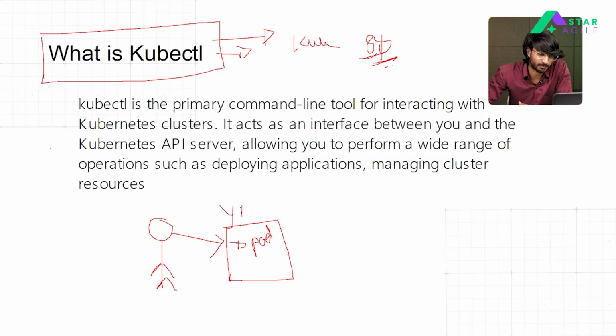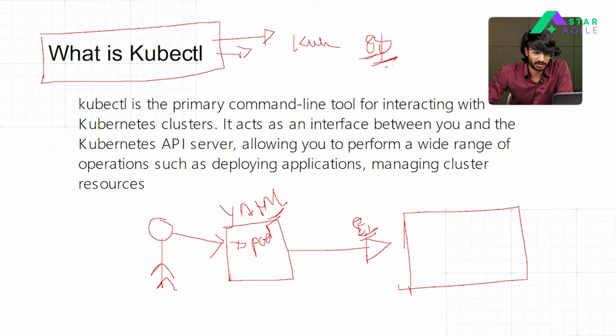It is written in YAML language. After this, you need to implement or execute this particular file inside your Kubernetes cluster. You need to send this file inside Kubernetes cluster so that this file will be read by API servers and read by your scheduler, controller, and they will take the necessary actions as well as etcd.